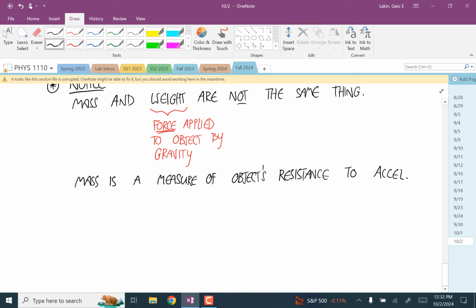So for example, if a bug is flying by and you swing your hand and hit it, you change its velocity pretty drastically over a pretty short amount of time, right? Pretty easily you can swing your hand and cause a big acceleration in a bug, okay?